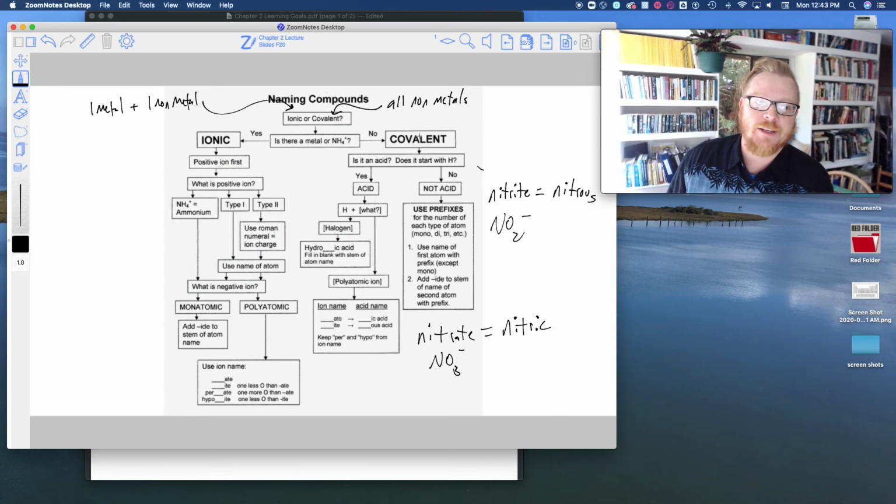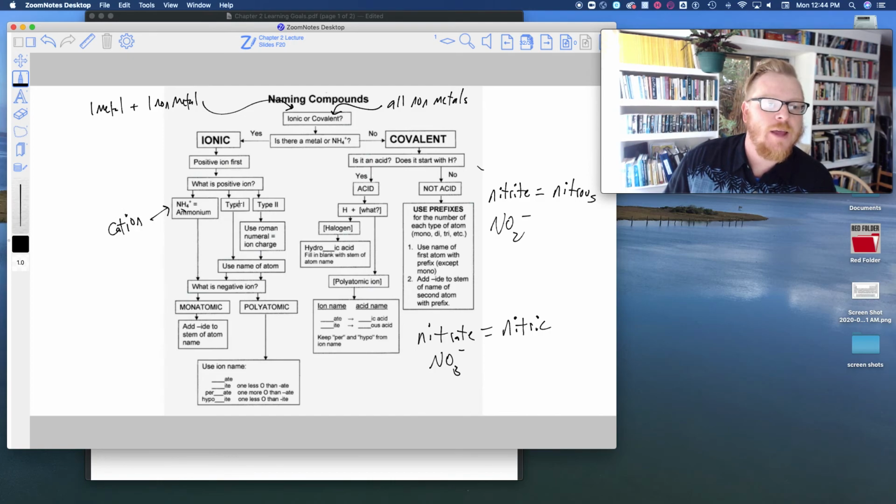So now what about ionic? Always positive ion first. What is the positive ion? If it's ammonium, that's the exception. You just say ammonium because ammonium is one of our only polyatomic cations. So I'll just remember cation.